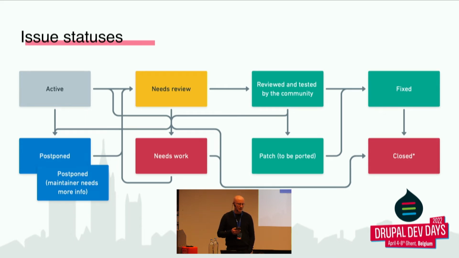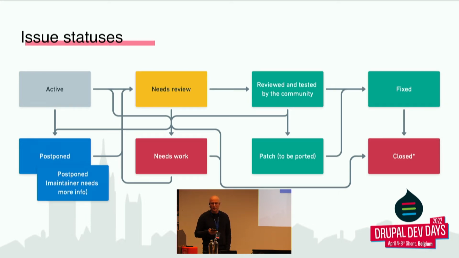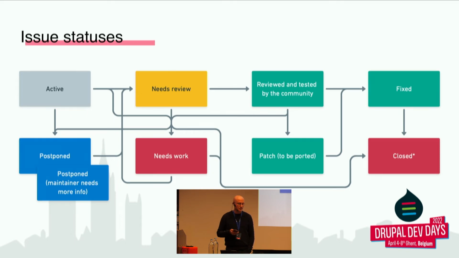And then finally, if several people agree, several people have reviewed and have actually said, okay, looks good to me, all previous points have been addressed, then somebody might decide to put it to reviewed and tested by the community, or RTBC, as you'll see it referred to.